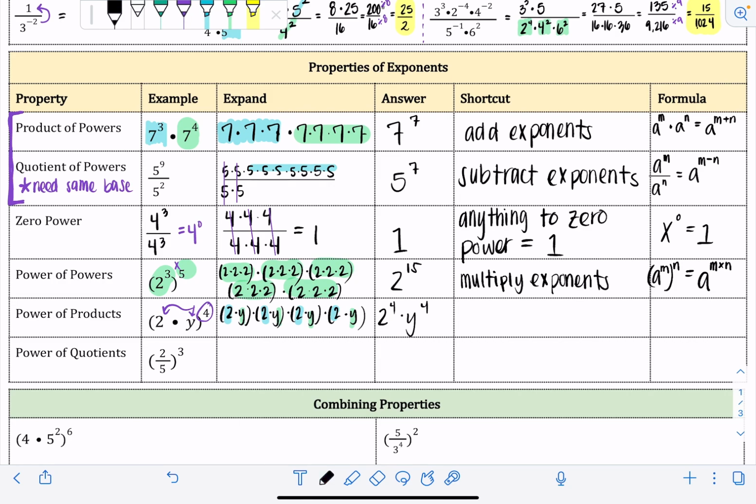So if you want, you can use the word distribute if it helps you. I'm going to use the word apply. So apply the exponent to each factor in the parentheses.